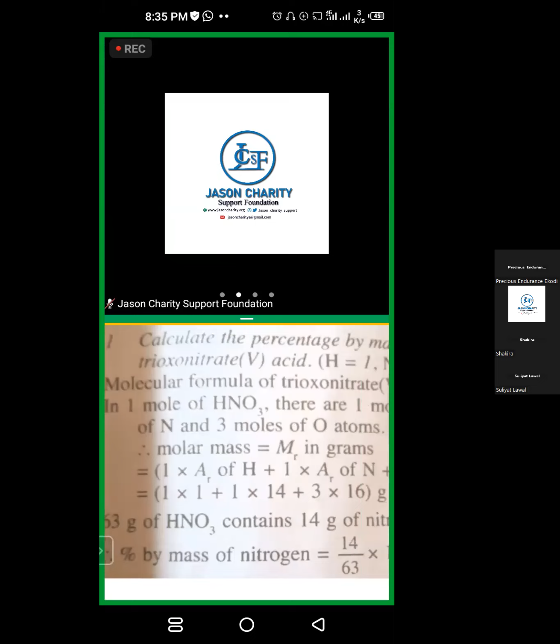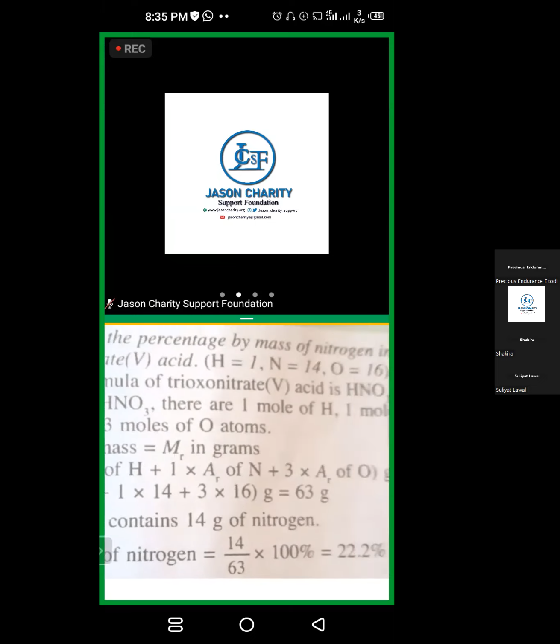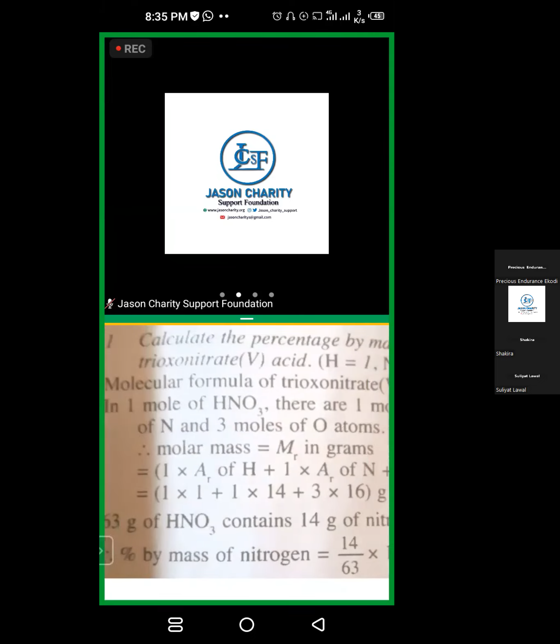So that is 1 times 1 plus 1 times 14 plus 3 times 16, and that gives us 63 grams. Now that is the relative molecular mass, or the molar mass, of the entire compound.